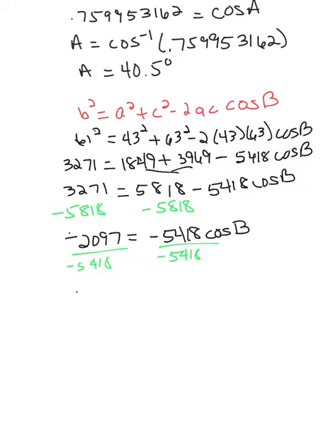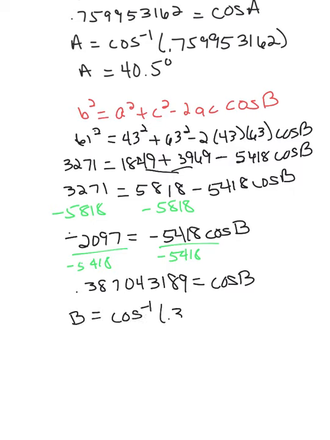And we get 0.387043189 equals the cosine of B. So B equals the inverse cosine of our decimal. So angle B equals 67.2 degrees.